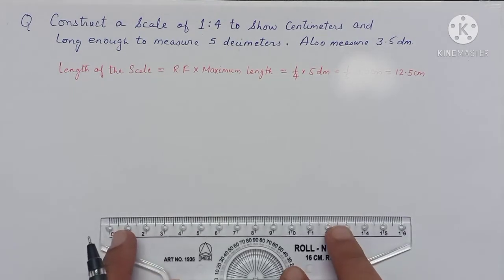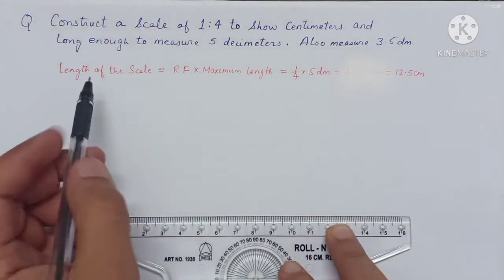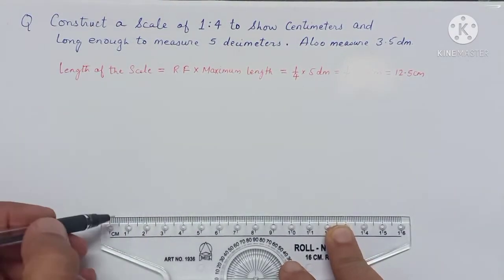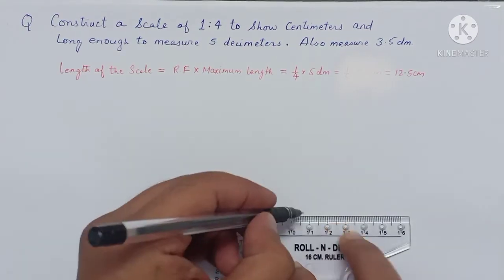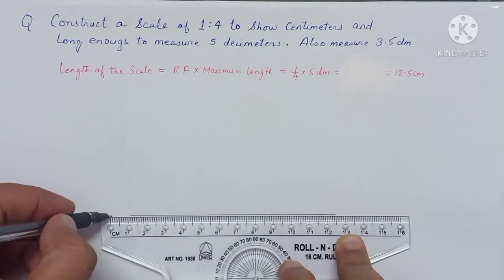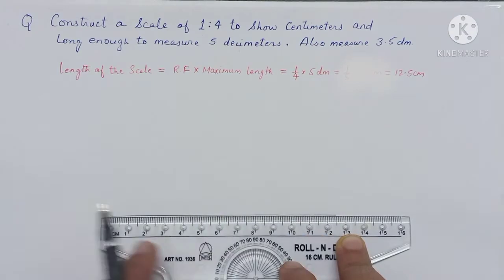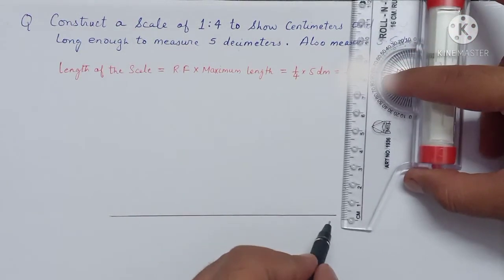So constructing a plane scale, we start with the length of scale, that is 12.5 centimeter. Take a width of 1 centimeter.